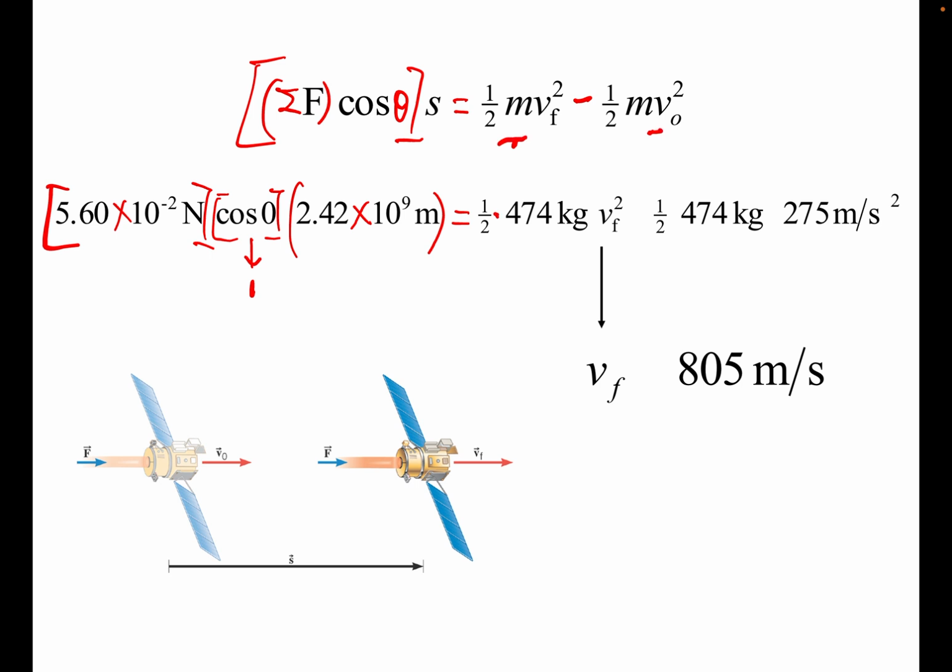Final kinetic energy is calculated by 1/2 mass times final speed squared, minus the initial kinetic energy, 1/2 mass times initial speed squared. We know everything except the final velocity, and now it's just an algebra problem. We solve the algebra and find that the final speed is 805 meters per second.